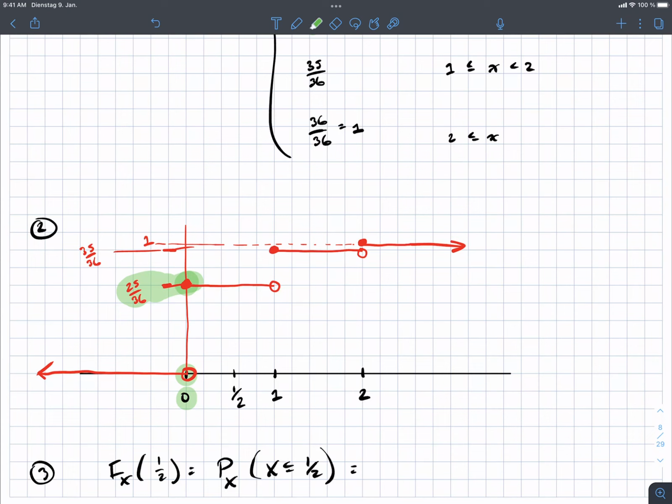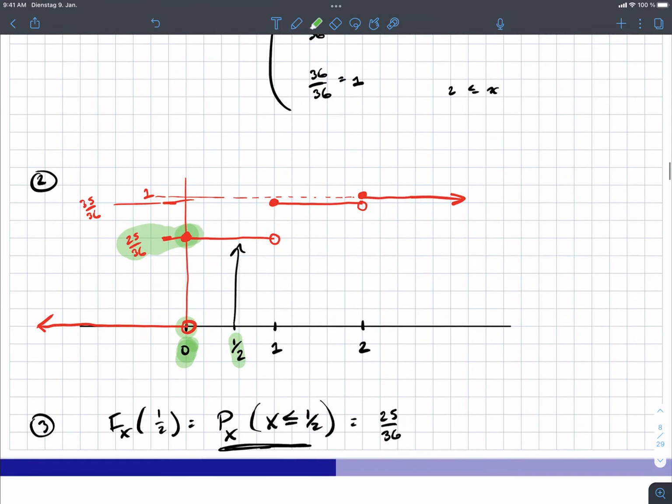Now I know x can never take the value 1/2, but I get this 25 out of 36. So that's the height of the function at 1/2, and that means x takes values less than or equal to 1/2 with probability 25 over 36. That's because it can take the value 0 with that probability.